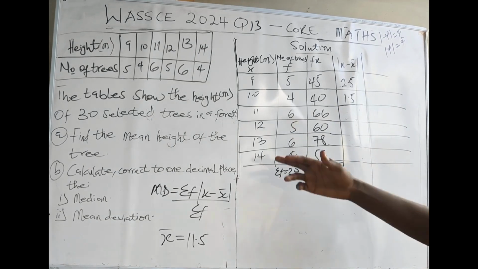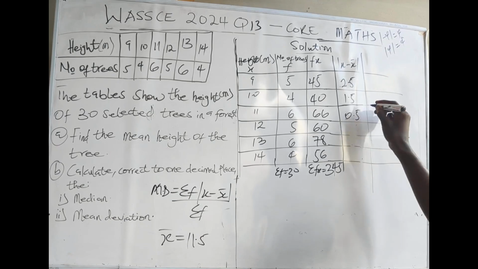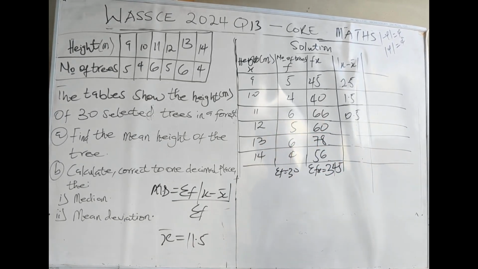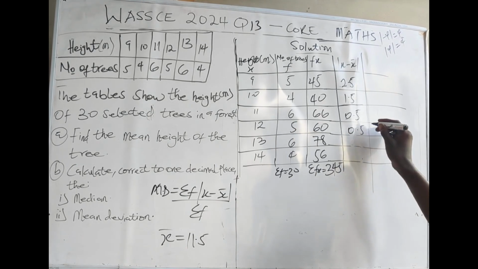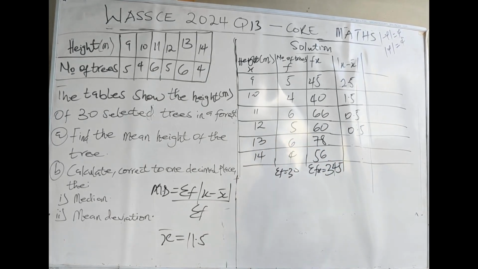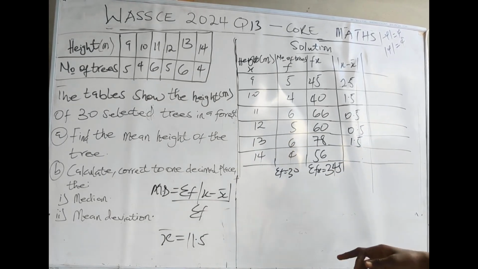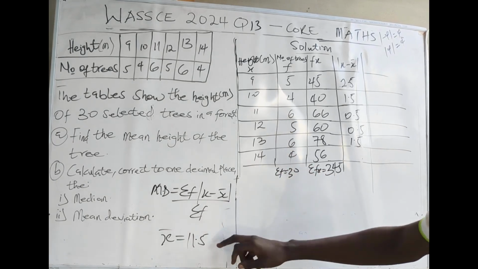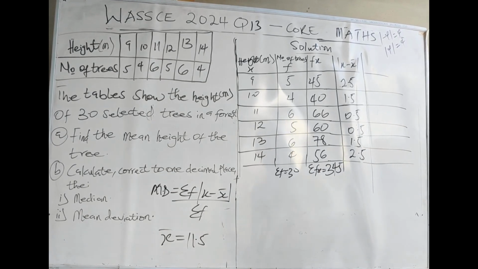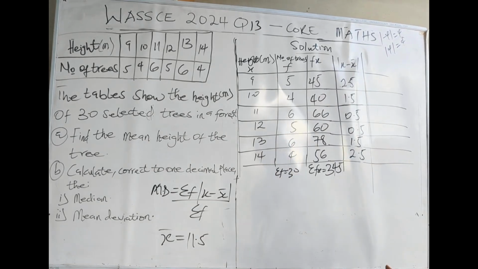And 11 minus 11.5 gives us 0.5. Same to 12 minus our mean 11.5 gives us 0.5. And 13 minus our mean 11.5 gives us 1.5. And the last, 14 minus our mean, gives us 2.5. So over here we've gotten our absolute x minus the mean.